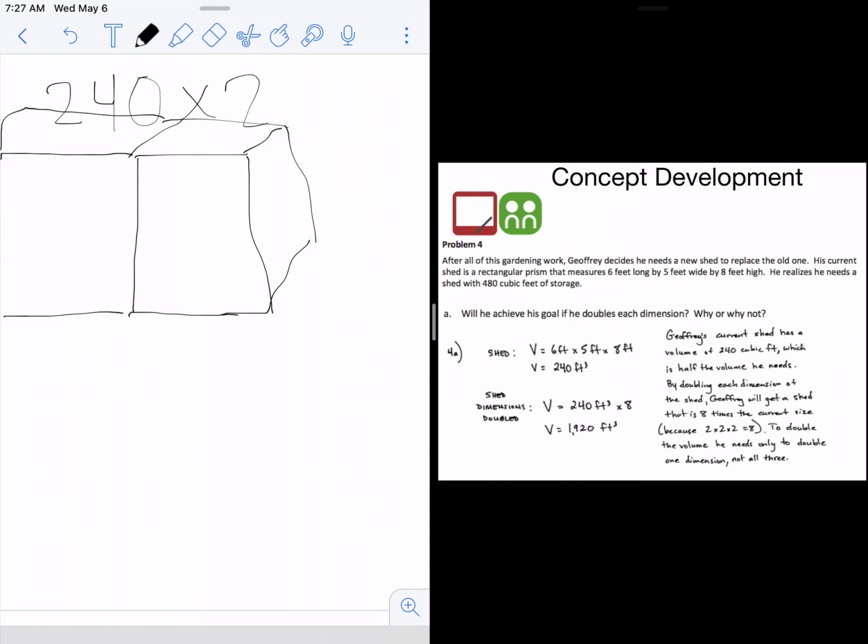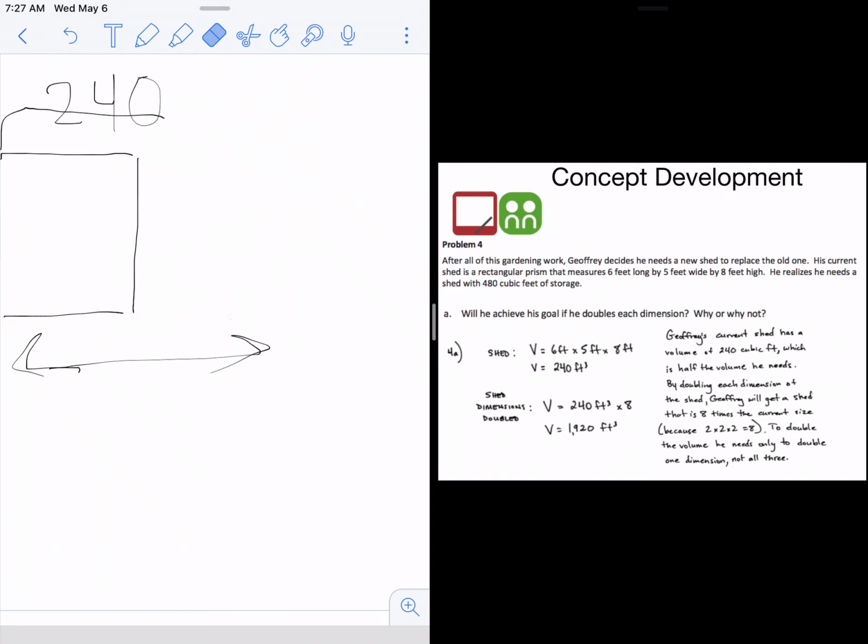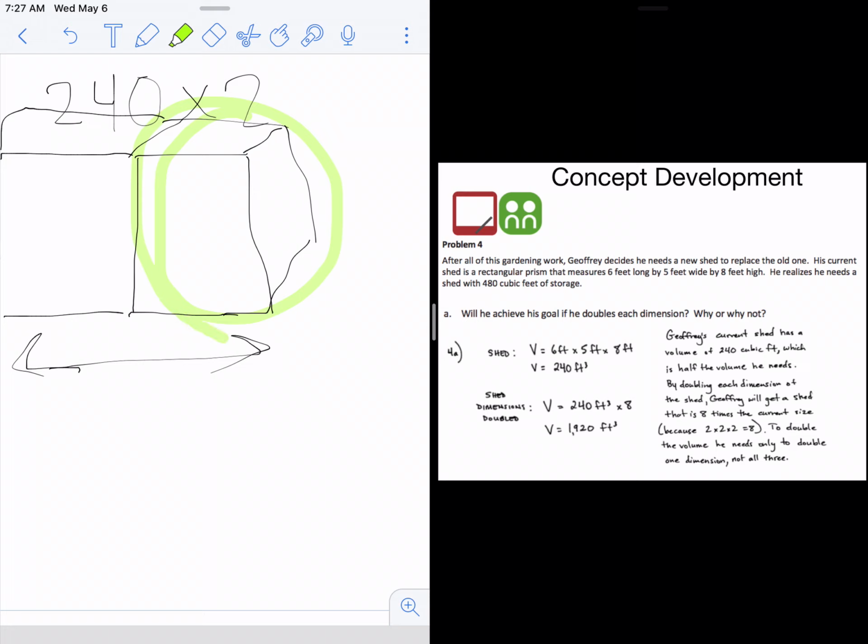So the only thing he would do was to double the length here. If he wanted this shed here doubled, just put one right next to it, the same one. That's going to give us 480 cubic feet.